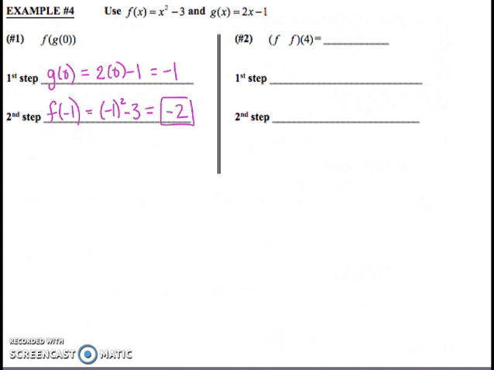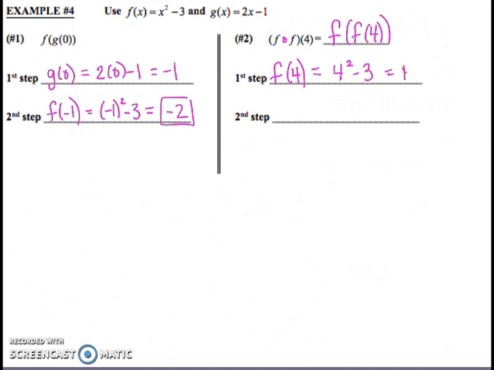In the last example, they want us to find f of f of 4. So our first step is going to be to find f of 4. That means we just take 4 and plug it into our f function. So that's going to be 4 squared minus 3. 4 squared is 16. 16 minus 3 is going to give us 13.